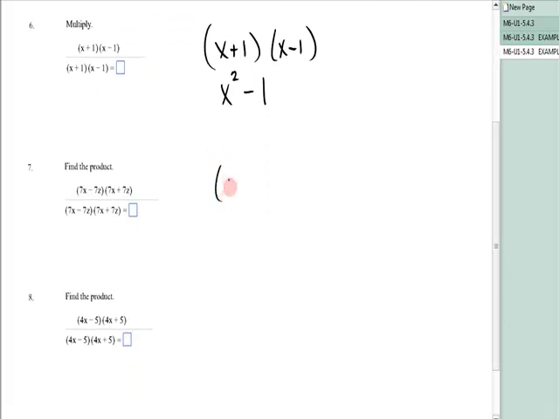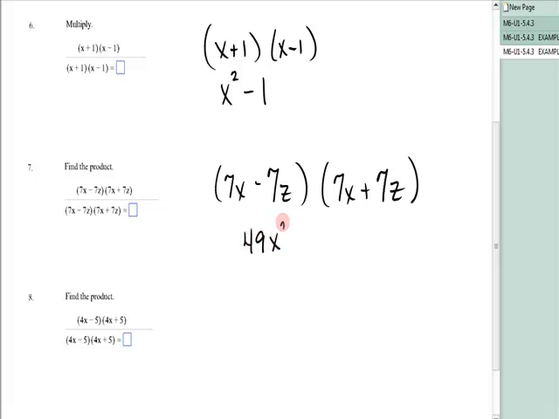Next one, I have 7x minus 7z times 7x plus 7z. Product of the first is 49x squared. Outers and inners, irrelevant. Product of the last, negative times positive is negative. It's also 49z squared. Don't forget your squareds.